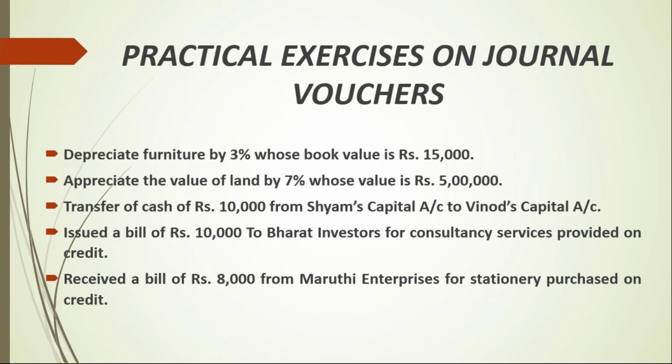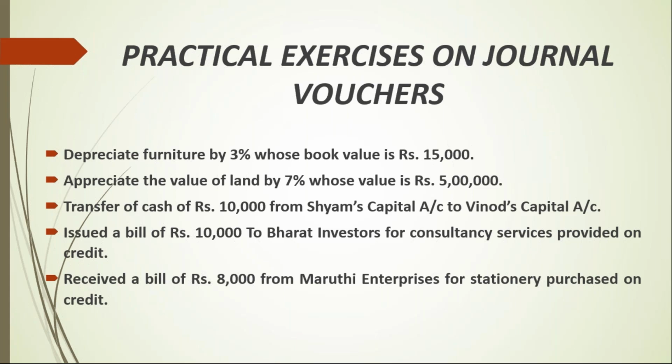Now there, the company had issued a bill to Bharat, so Bharat became my sundry debtor, nothing but my customer. Here, the company is receiving a bill from Maruti Enterprises, which means Maruti Enterprises will be created under the group of sundry creditors.